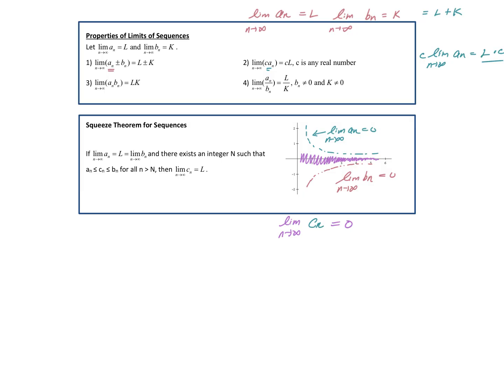All we would need to do is show that c sub n is smaller than a sub n, but bigger than b sub n for all terms. If I could find the limit of a sub n and the limit of b sub n, and they are the same, then I know that c sub n is sandwiched between, so I can make the conclusion that the limit of c sub n as n goes to infinity is also 0.